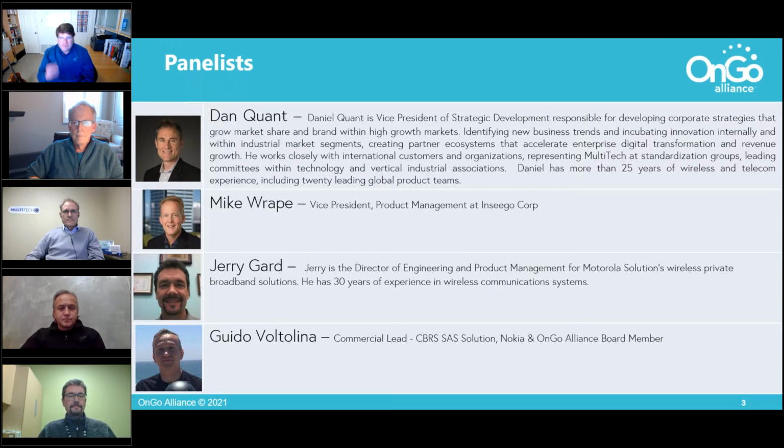So his leadership and influence has been very helpful to me and to the organization as a whole. And then finally, Guido Voltalina. Guido is commercial lead, CBRS SaaS solution, at Nokia, and an OnGo Alliance board member as well. So we've got a really good panel here. We're very fortunate to have this kind of quality of folks that we can discuss things with.